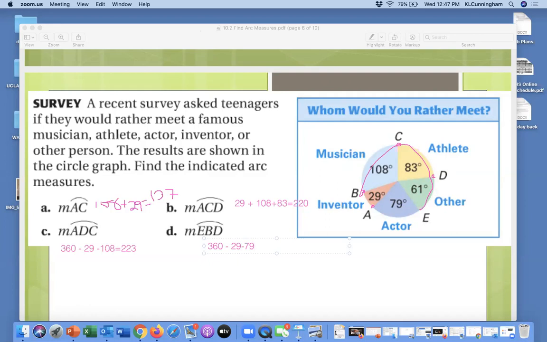I got 252. If you wanted to add those up and just make sure you still get 252, that's a good way to check. Another quick thing I'll do is add 1 plus 3 plus 8 and just make sure it ends in a 2. That's just a quick on-the-go kind of check.